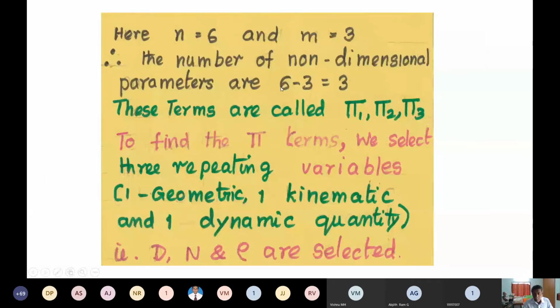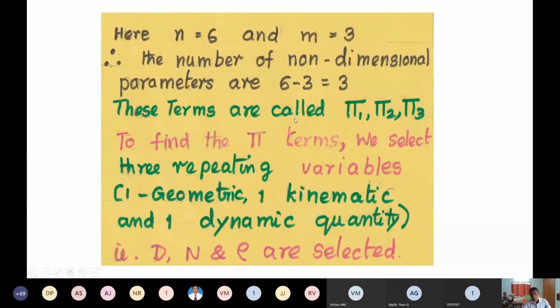Now here n is equal to 6, m is equal to 3. The number of non-dimensional parameters is 6 minus 3 equal to 3. These terms are called pi 1, pi 2, and pi 3. You may wonder why the Greek letter pi is used.